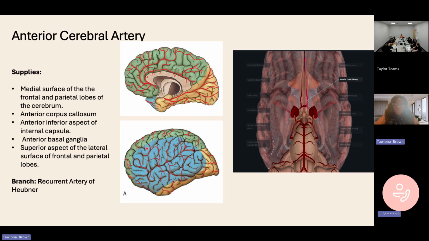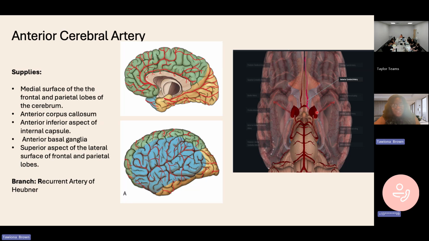What I want you guys to know or understand is what it's supplying as far as that medial aspect of the brain and that very superior or topmost aspect of the brain along the frontal and the parietal lobe.